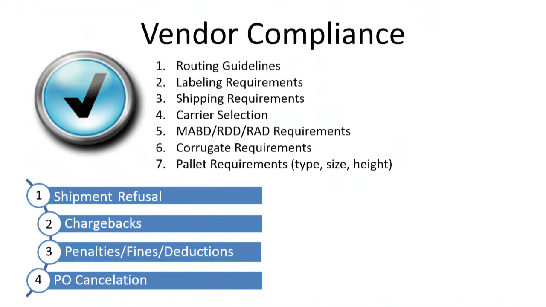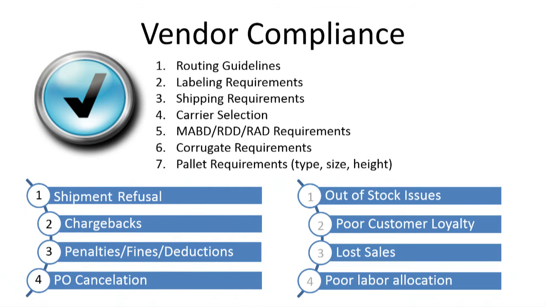If you don't follow these 7 things, these are the 4 things that are most likely going to happen to you. Your shipment's going to get refused. You're going to get charged back by the retailer. You're going to get fined, deducted, or a penalty, or your PO is going to be canceled. What does that equate to? Out-of-stock issues, poor customer loyalty, sales, poor labor allocation within your facility warehouse.